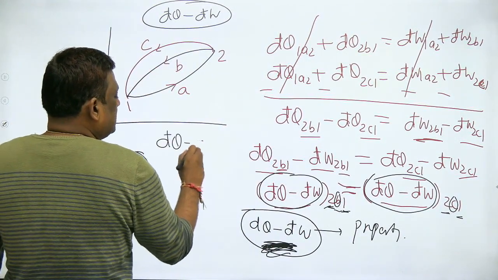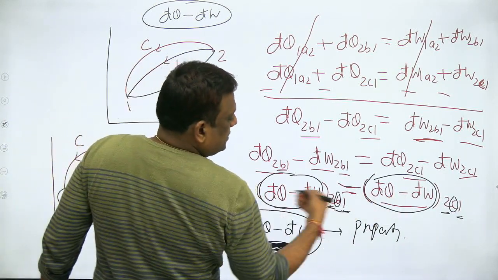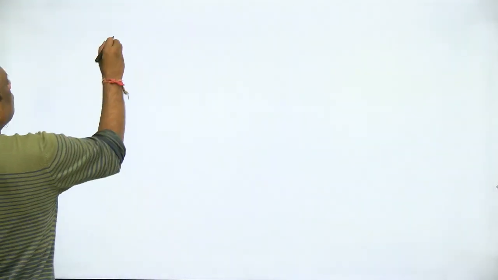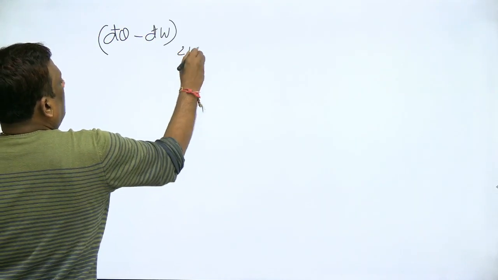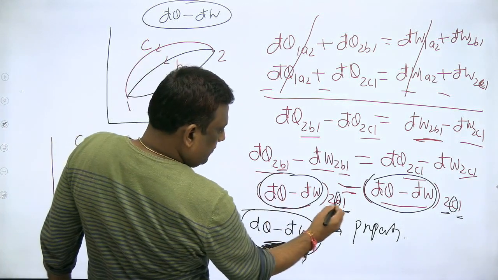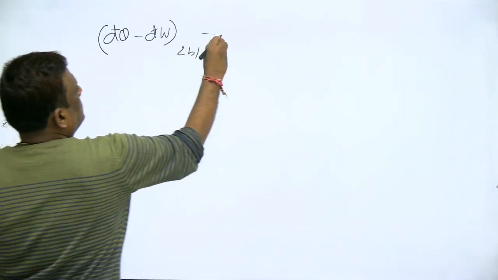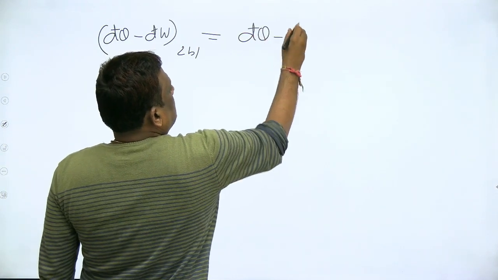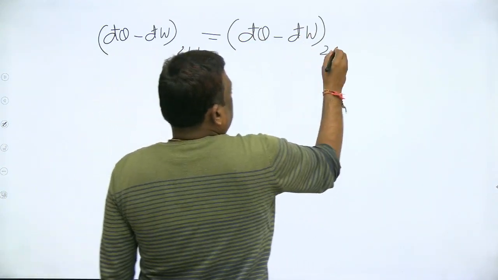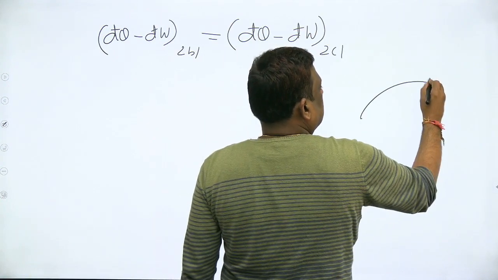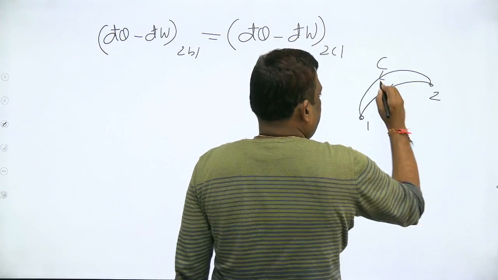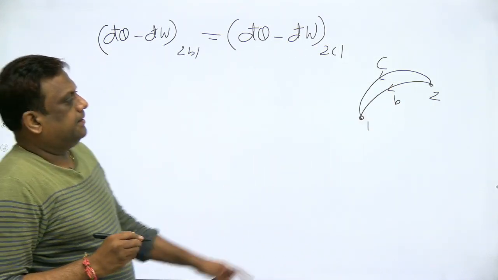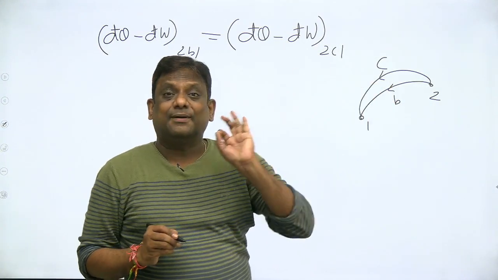So d dash q minus d dash w. I'll take this to the next slide. d dash q minus d dash w for 2b1 is equal to d dash q minus d dash w for 2c1. What does this mean?